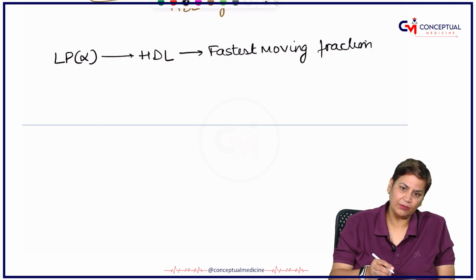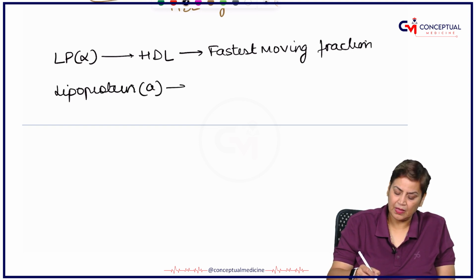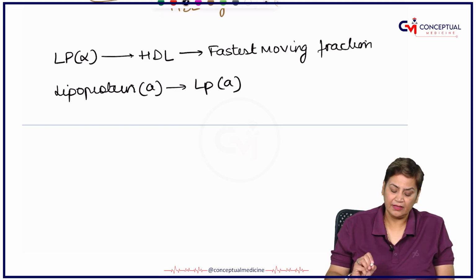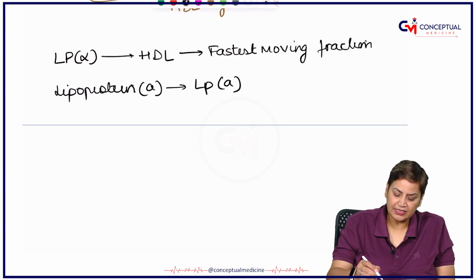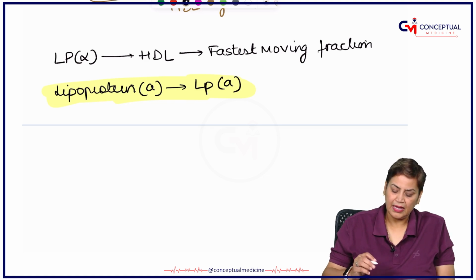Right. There is one more lipoprotein which is known as lipoprotein A, or LPA. There is a difference. Now what is this lipoprotein A? It is a plasminogen analog.